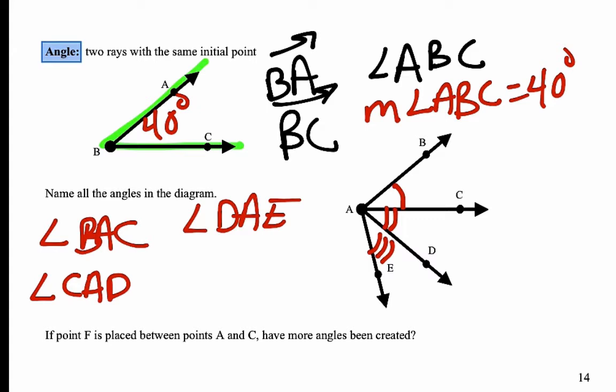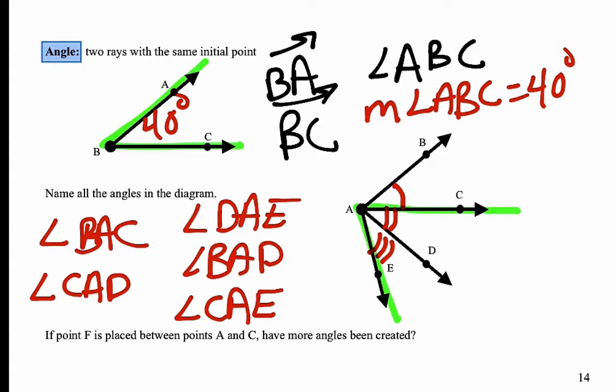Now many people would stop here, but you also have to see all other angles from that point A. There's also BAD, and angle CAE, and don't forget the big angle, which starts at B to A all the way to E. So there are actually 6 angles in this diagram that we need to be able to see.